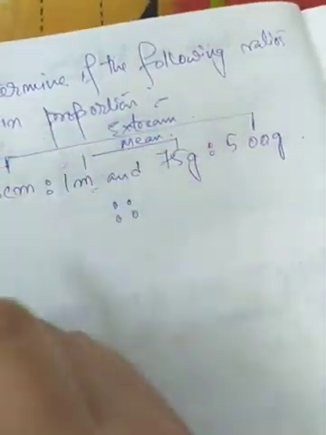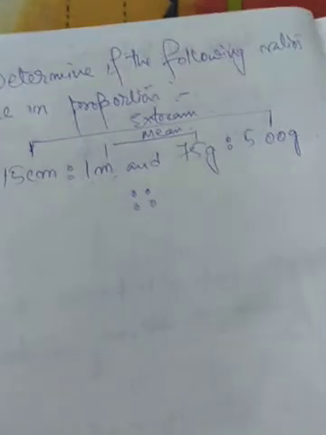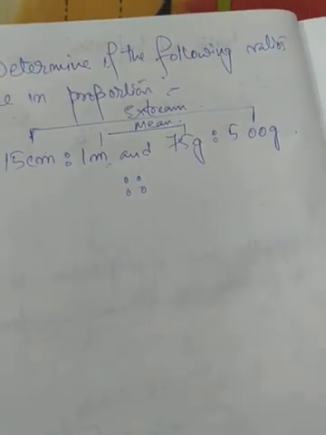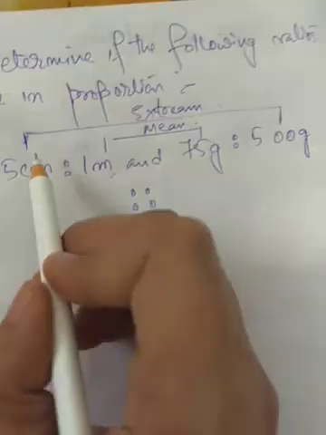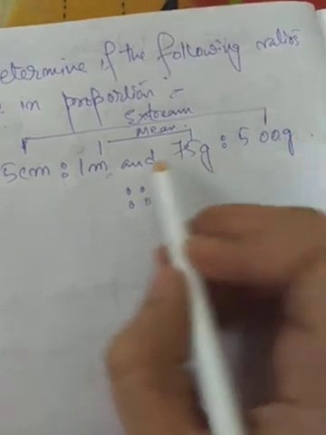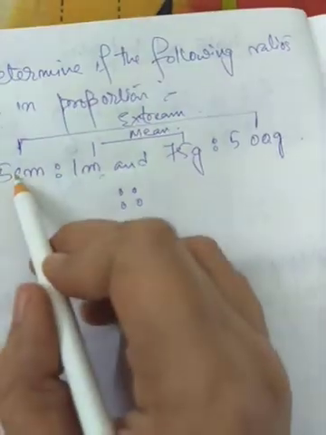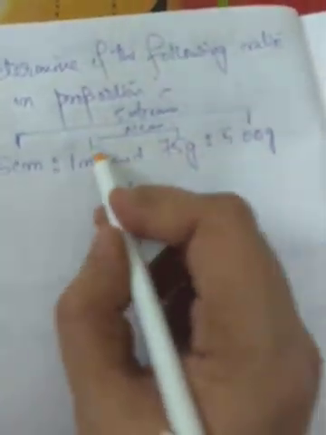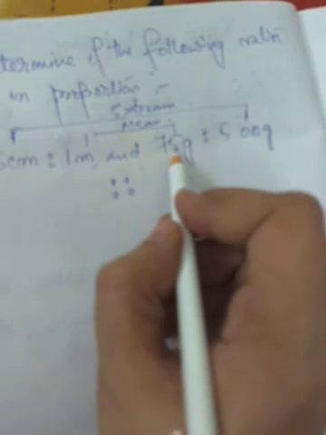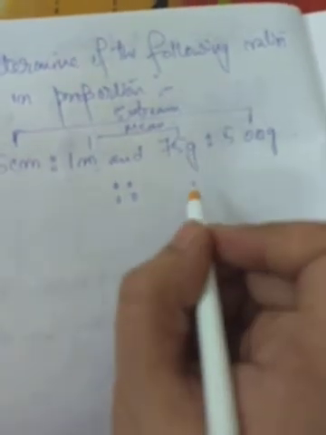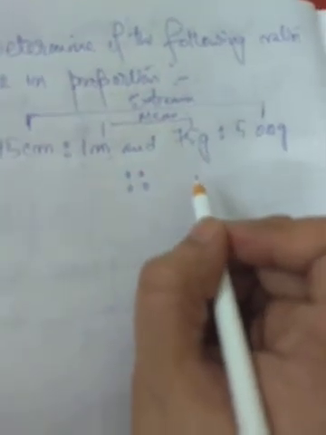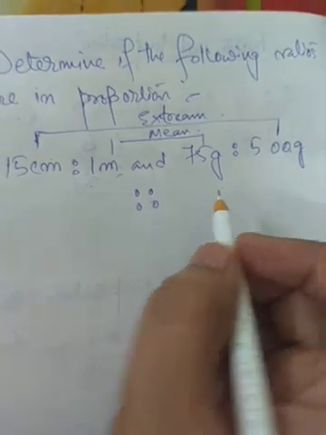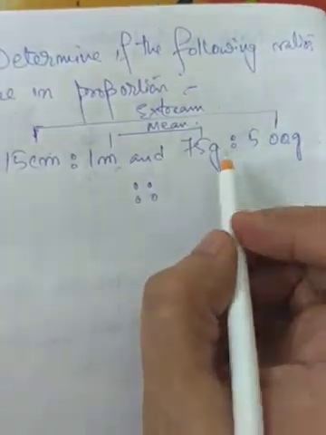And in order to see whether they are in proportion or not, we have to multiply both the extremes and both the means. If the multiplication of the extremes is equal to the multiplication of the means, that means they are in proportion. Clear? So first let us convert.